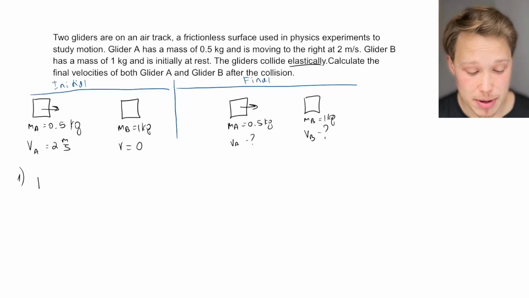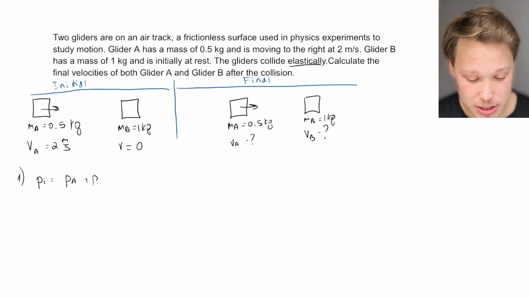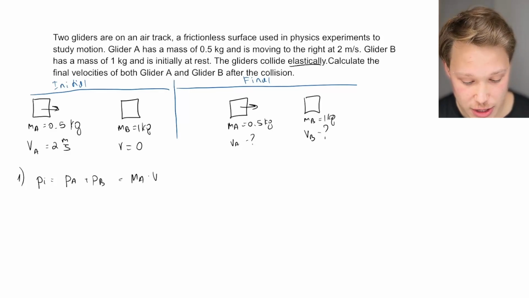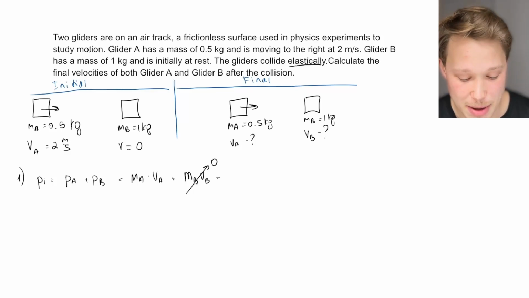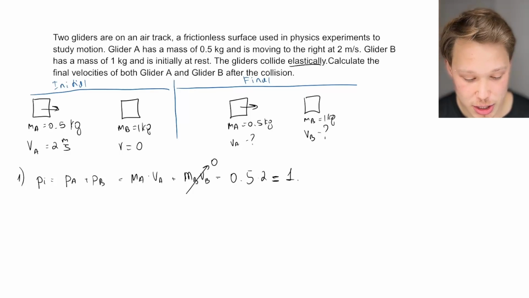Initial momentum will be combined from the momentum of A and the momentum of B. Momentum of A is mass of A times velocity of A, plus mass of B times velocity of B. But the velocity of B is 0, so B doesn't have momentum. It's just going to be 0.5 times 2, or just 1. So that's the initial momentum.